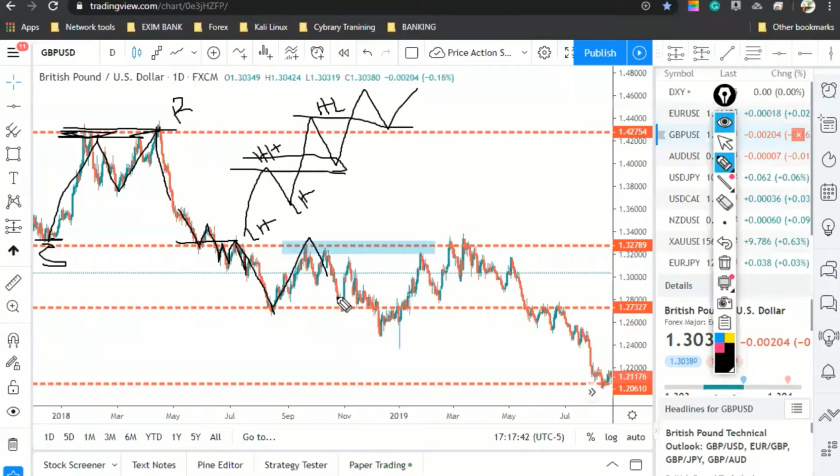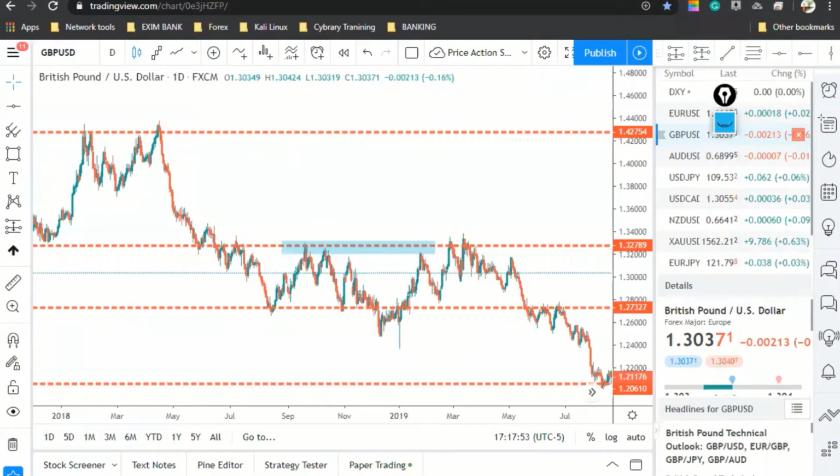You can see it comes right back. And when it comes to the zone, that's your key, the trigger to sell or to buy. Now, we always want to look for selling opportunities at an area of resistance and buying opportunities at an area of support.